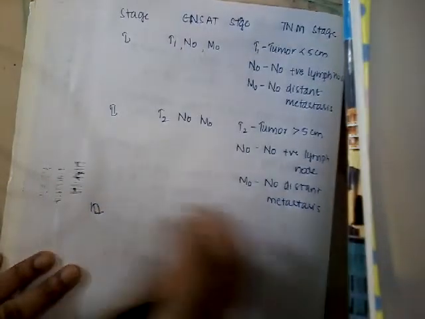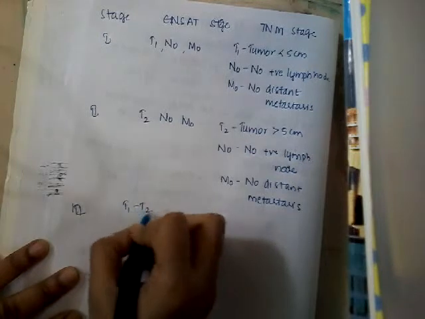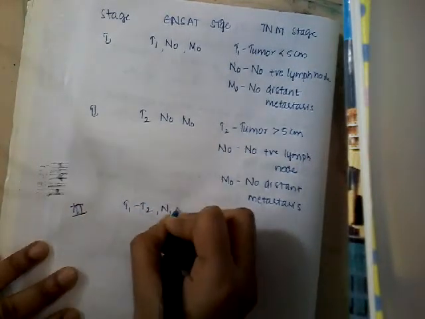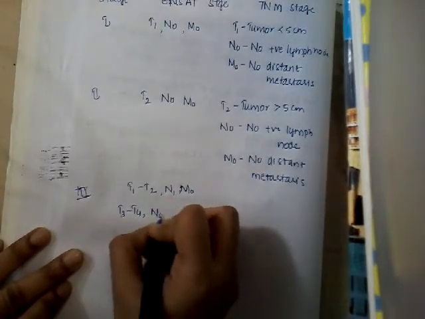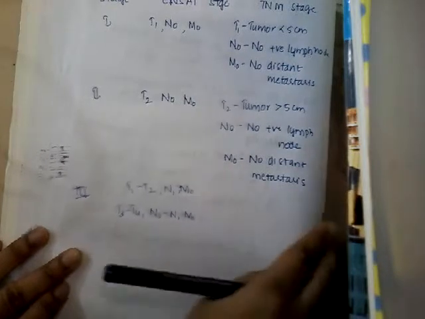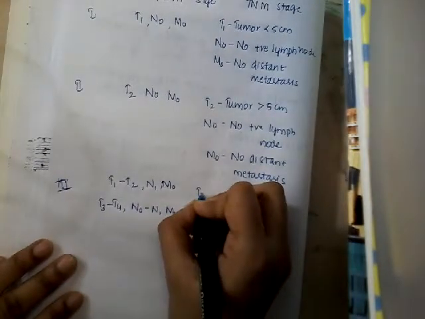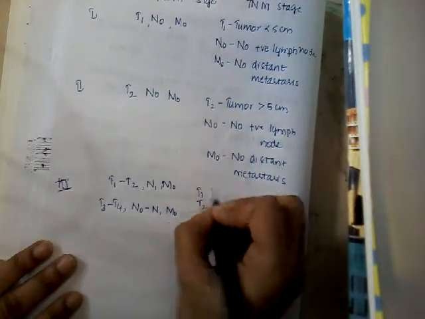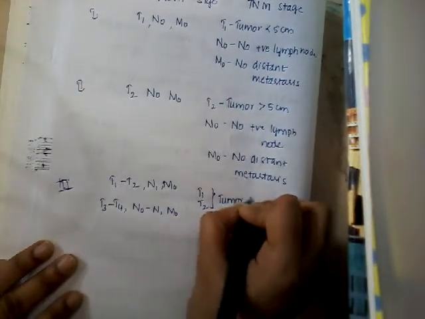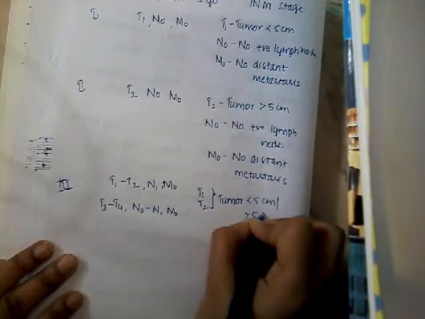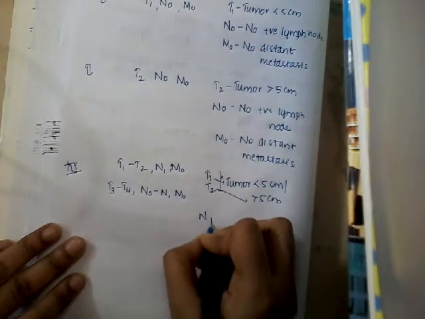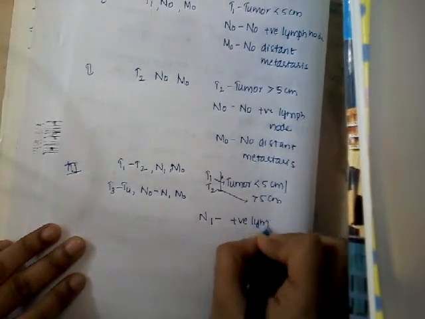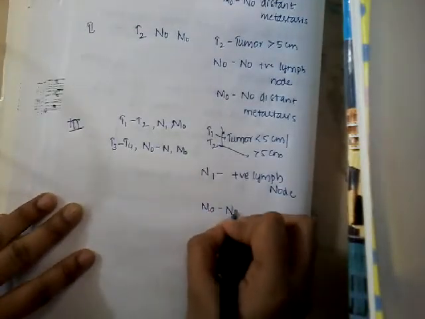Then stage 3 is T1 to T2, N1, M0, or T3, T4, N0, N1, M0. T1 and T2 we have already said: the tumor is less than 5 centimeters or more than 5 centimeters. N1 is positive lymph node, and M0 is no metastasis.